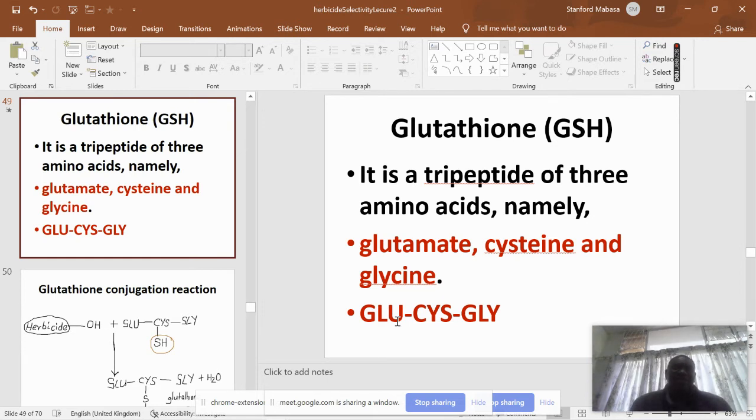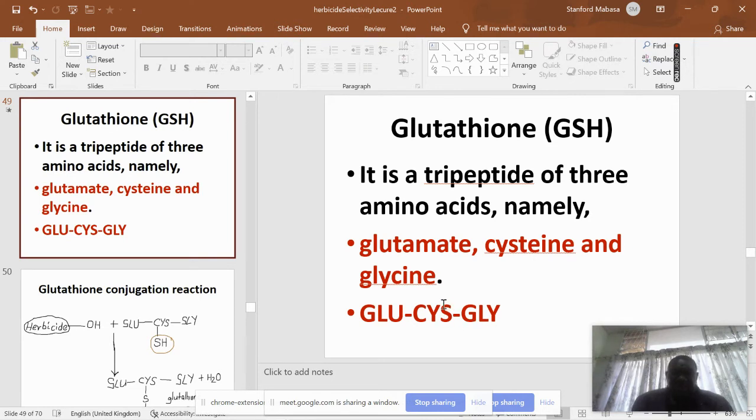It cleans up these herbicides which enter the plant system. It is a tripeptide of 3 amino acids. So what constitutes glutathione are the 3 amino acids: glutamate, cysteine, and glycine, which we can write in short as GLU attached to CYS attached to GLY.